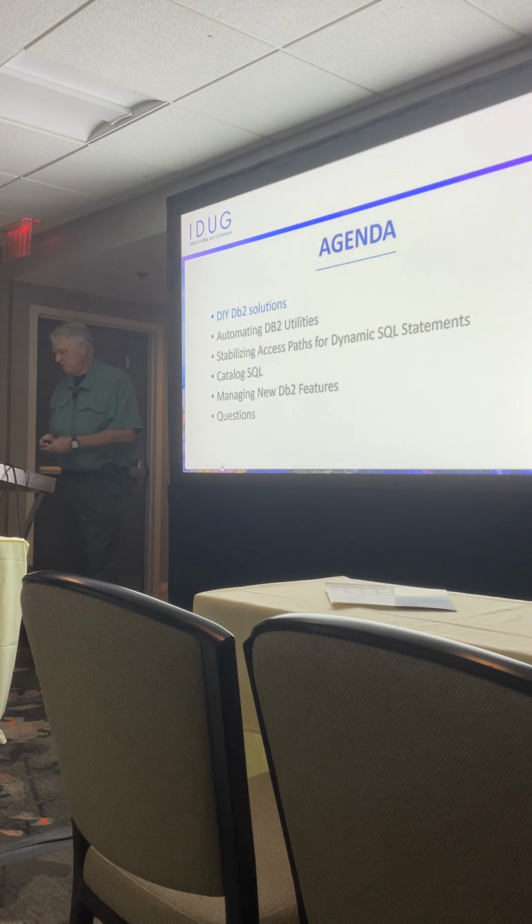So normally I've talked about DB2 version 13 or 12 features, but this time I'm going to try to explain how I've created my own solution in ISPF. Only with IBM, no other tools, only IBM solutions.